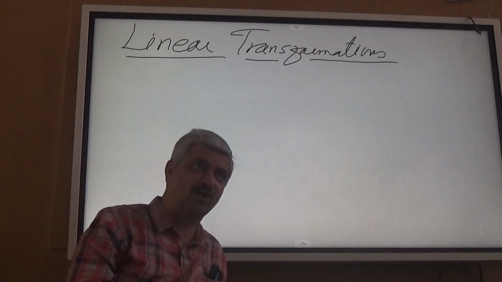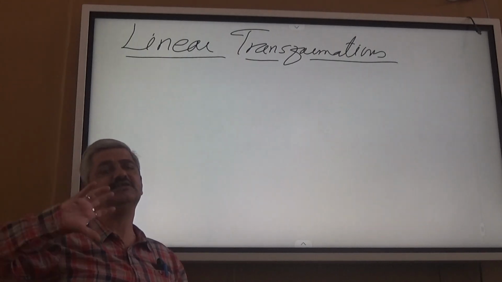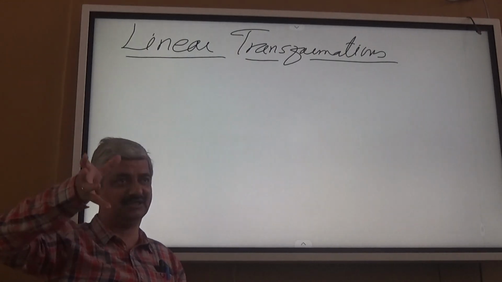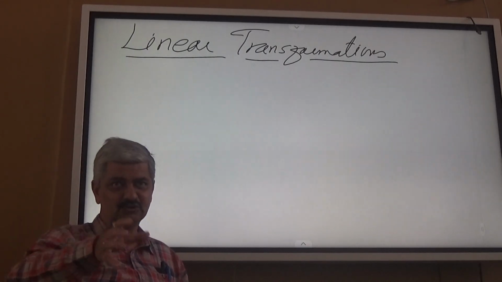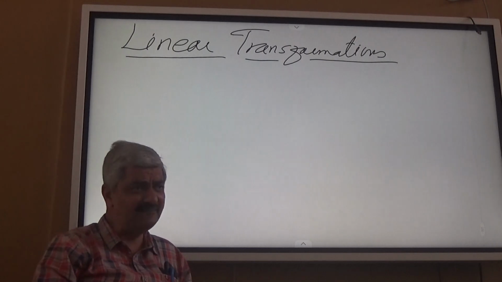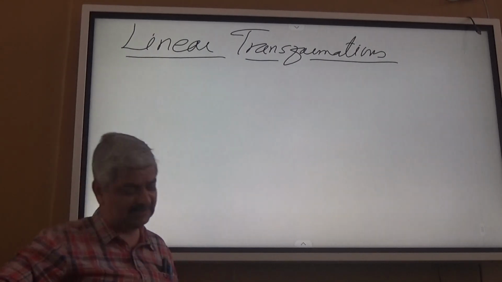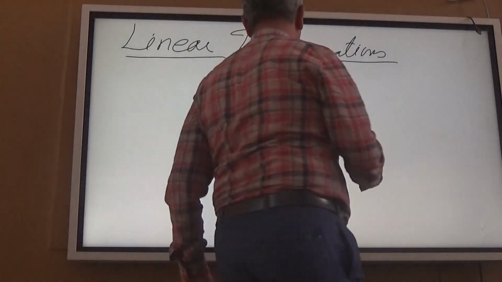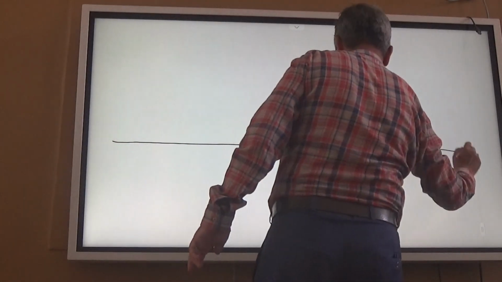What is transformation? Transformation is change, rupantara. Transformation is changing. So there are many ways of what can be the mapping for transformation. I will explain it with the simplest examples, which you are expected to easily understand.